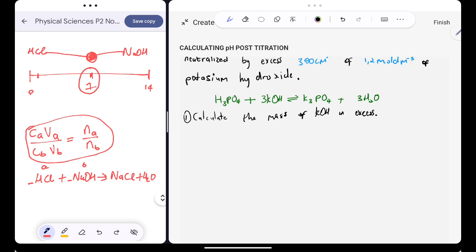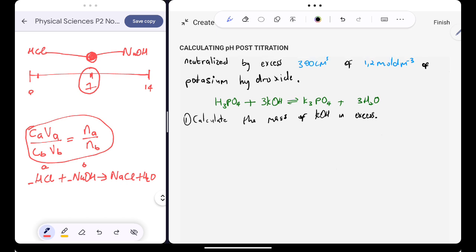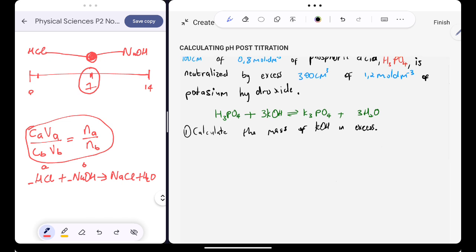If you are not told anything about neutralization and end point, please refrain from using this equation because you will be marked wrong. The only condition for you to use this is if both the acid and the base have completely neutralized one another.